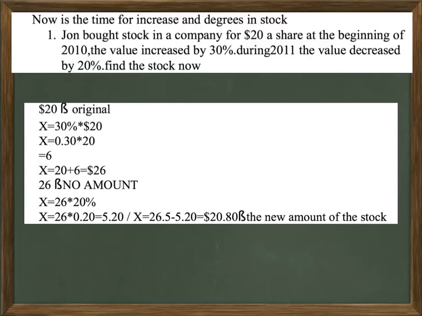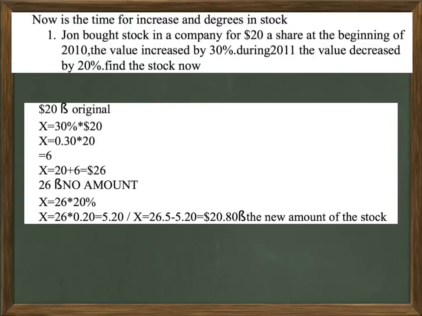So 30% times 20. Again, we convert it to a decimal, and we get 0.30 times 20, and we get 6. Then for the second step, we have to add. That's a new step. We add our new amount to our old amount, and we get 26.